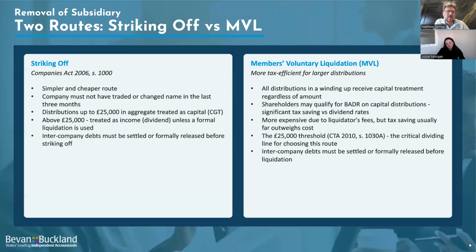Then at some point, people think, crikey, I've got all this trading behind me. I'm going to hive that trade up into a new clean entity, but never necessarily deal with the old entity. And the way to completely kill that company off is to do what's called a members' voluntary liquidation.